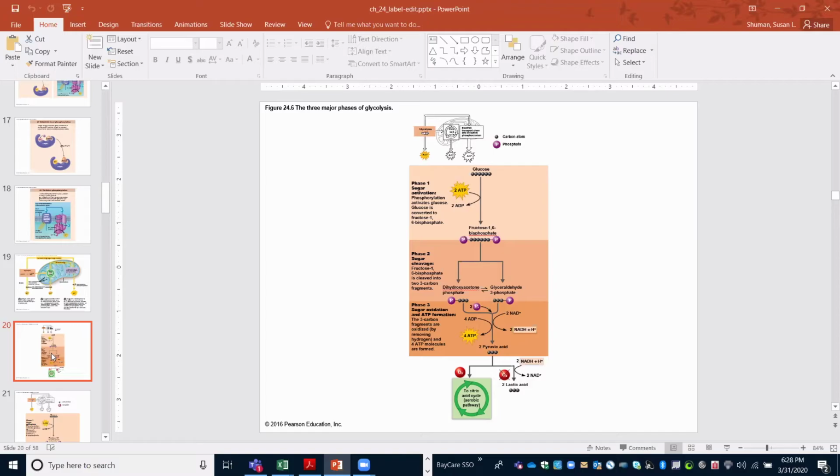So C6H12O6 plus 6 O2, so 6 oxygen molecules, through the process of oxidative phosphorylation, will become 6 H2O molecules, 6 carbon dioxide molecules, and a bunch of ATPs, 32, 36. It depends on how efficient we are.